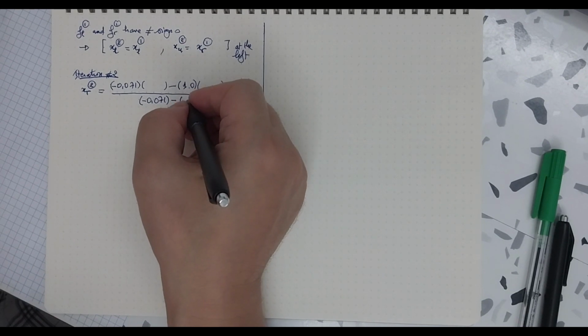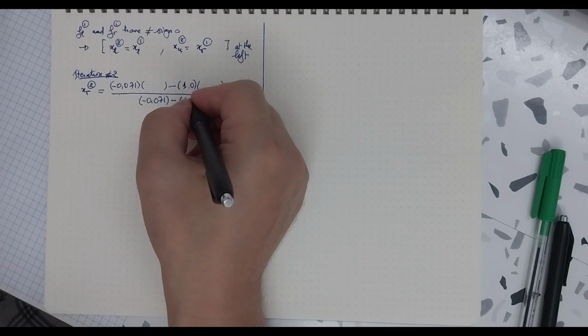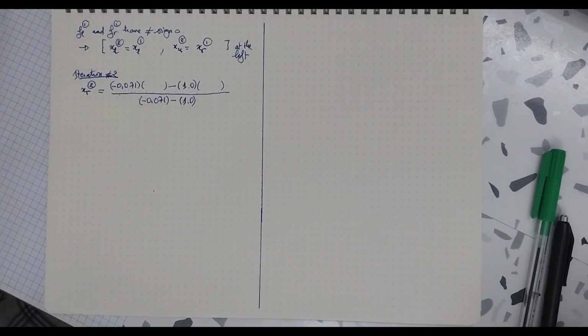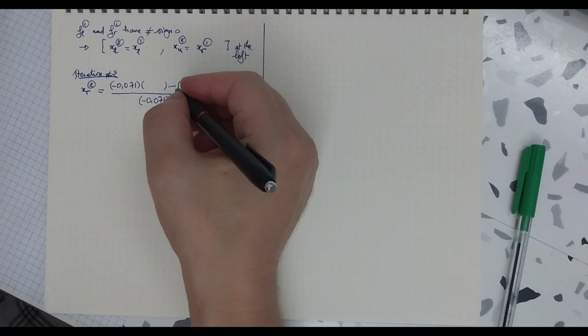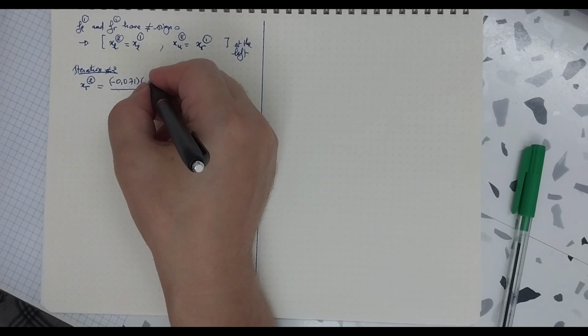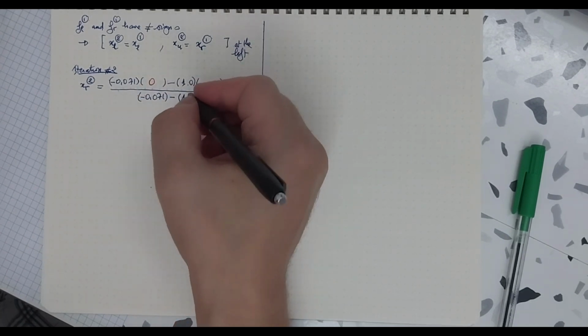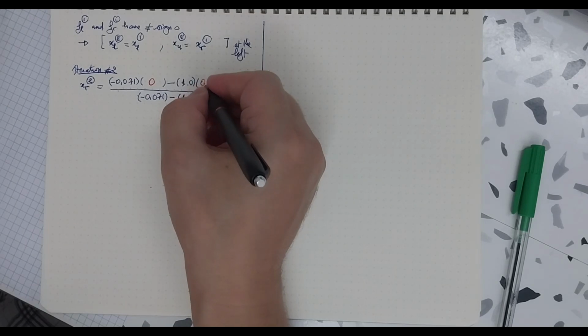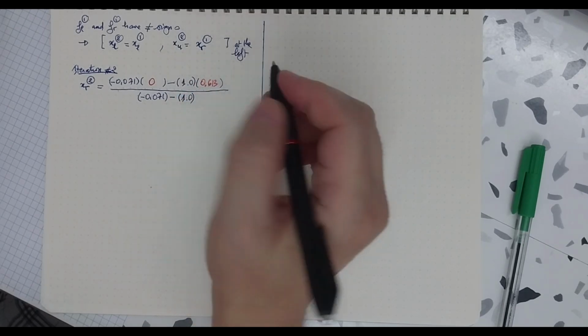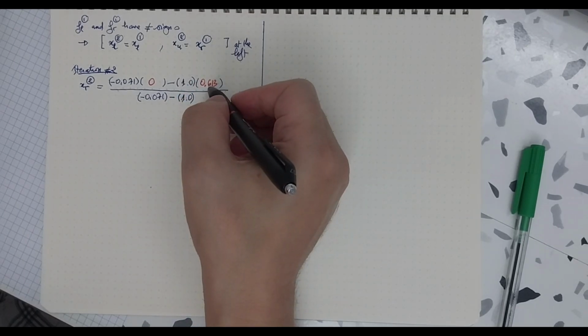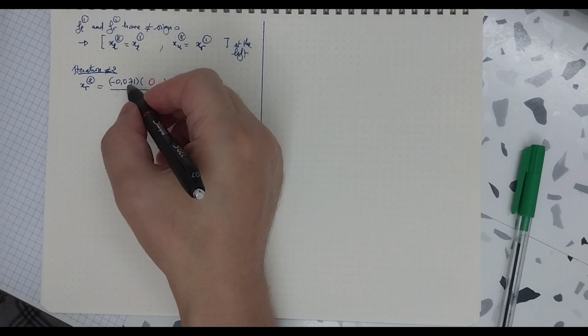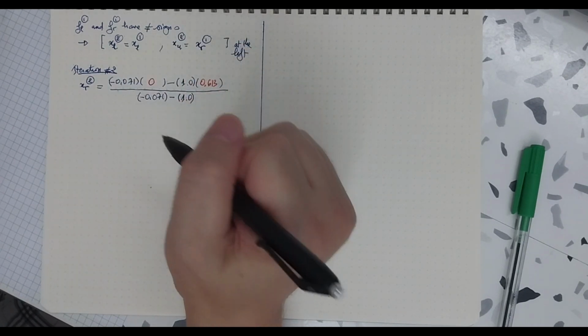You could have here minus 1, minus becomes plus. So be careful. And here we have 0, same, and here 0,630. This is XR, and this is FR of the previous iteration.